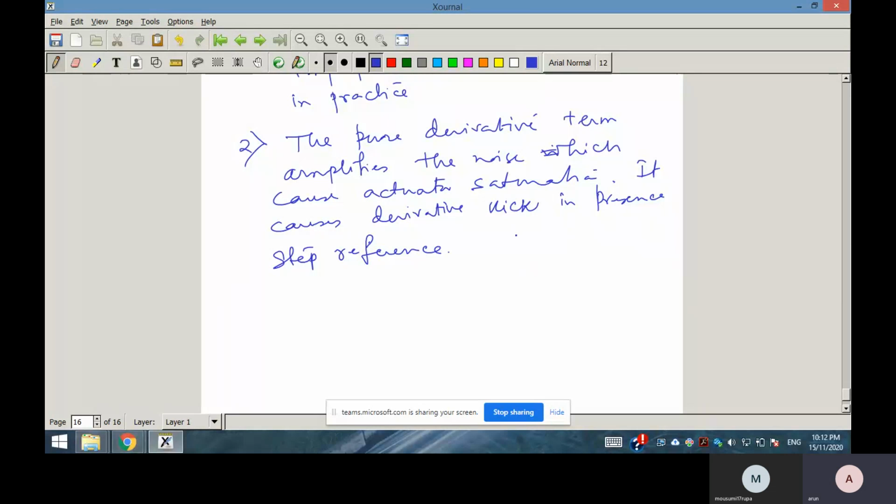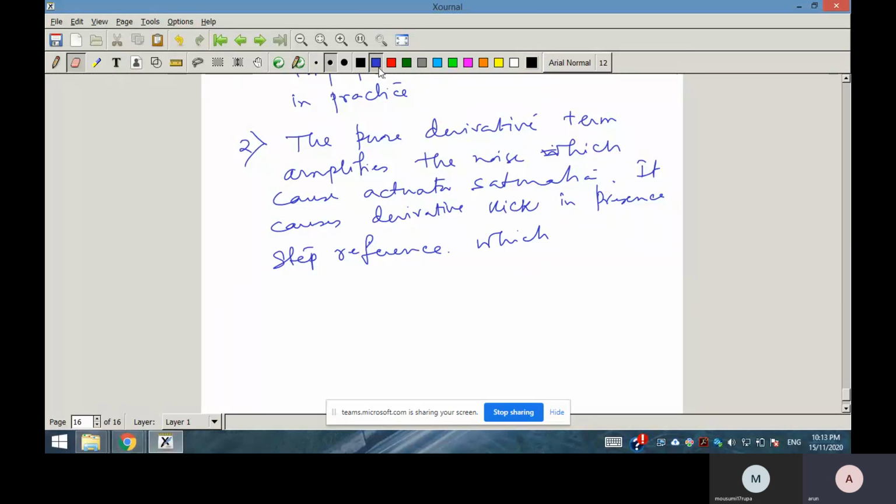So derivative kick in the presence of a step means a sudden rise in the control input.